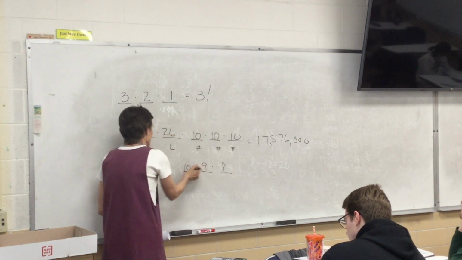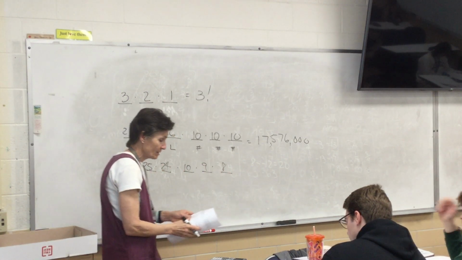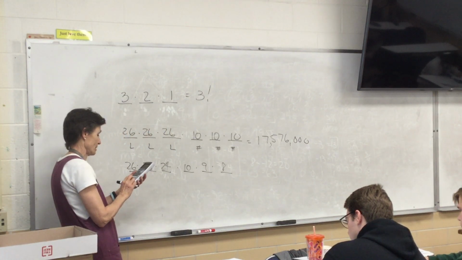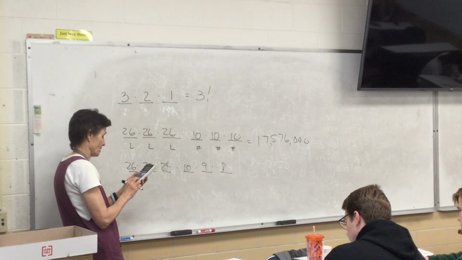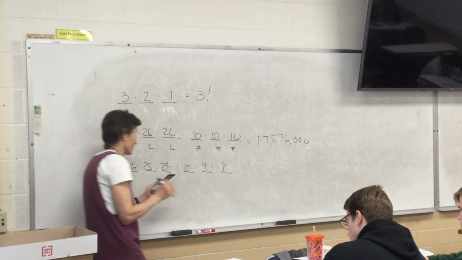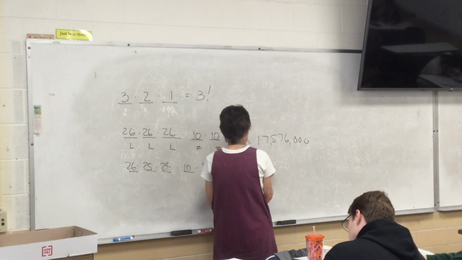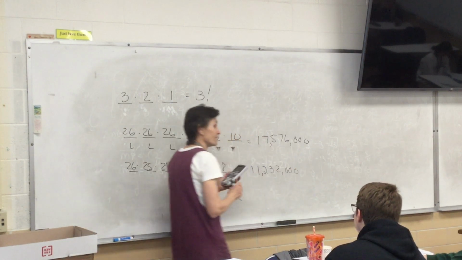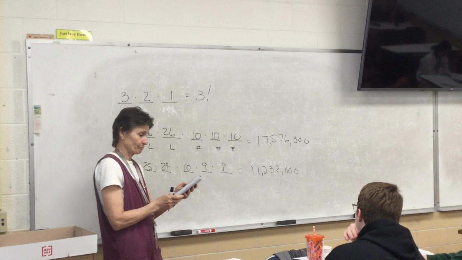Perfect. And again, those all get multiplied together because you're picking a letter and a letter and a letter and a number and so on. So it's still a bunch, but less. It makes sense there'd be less, right?